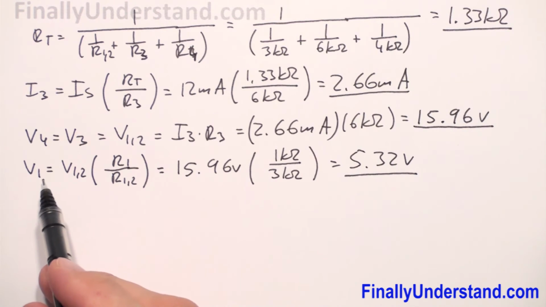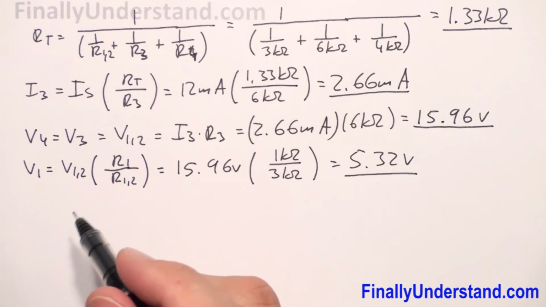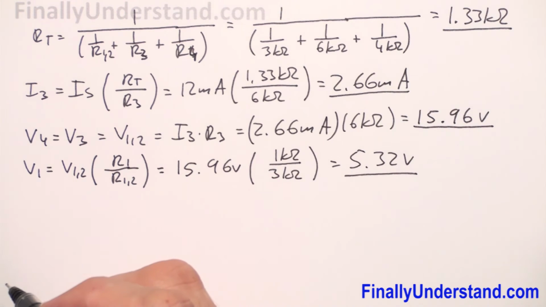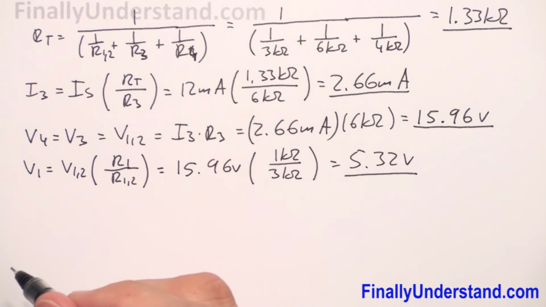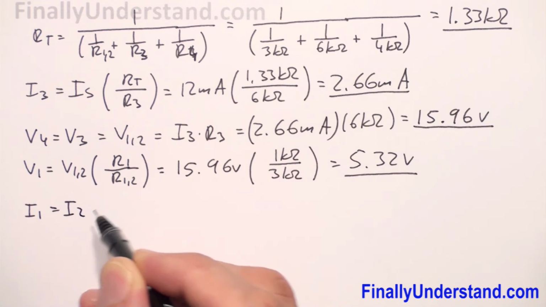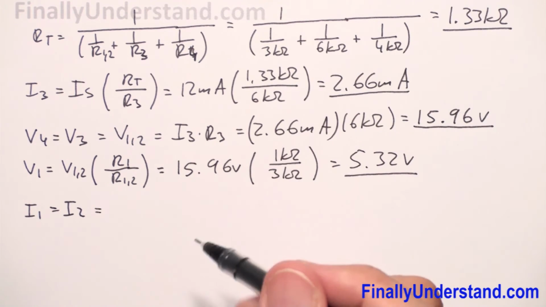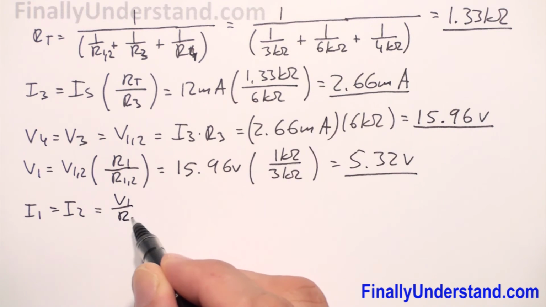So we found V1. Next we're supposed to find the power P2. In order to find P2, we're supposed to have at least the voltage or current which goes through resistor R2. You're supposed to realize that I1 is equal to I2, and you can find this by dividing V1 over R1.